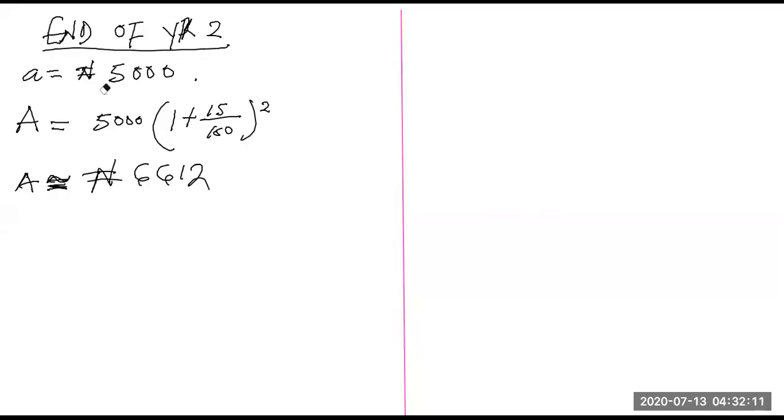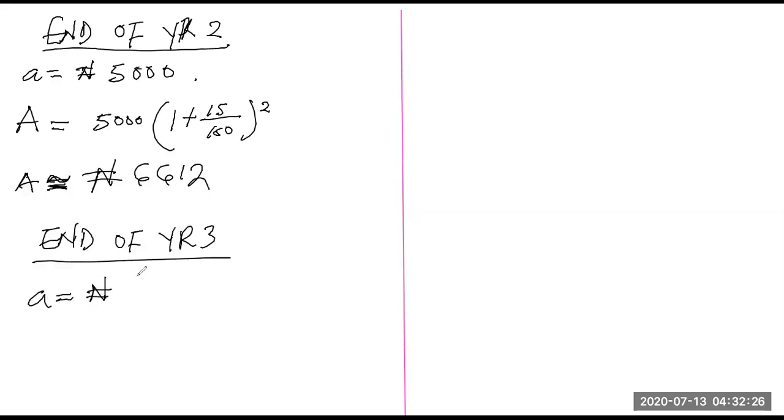All right, so let's calculate for end of year 3. Remember it is year 3 ending, so an annuity of 5,000 naira will come in again at the end of the 3rd year. Since it came in at the end of the 3rd year, the person cannot fix this money for more than 1 year, because he has a plan to carry out a capital project at the end of the 4th year.